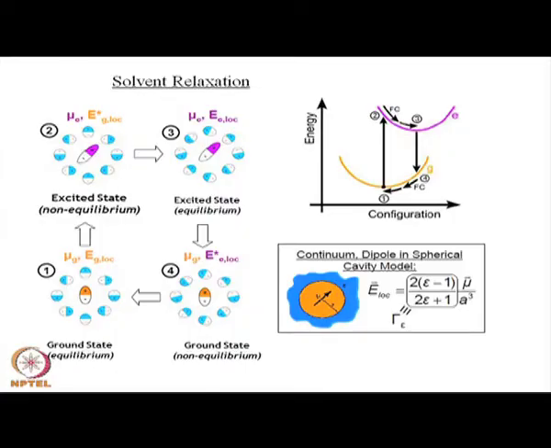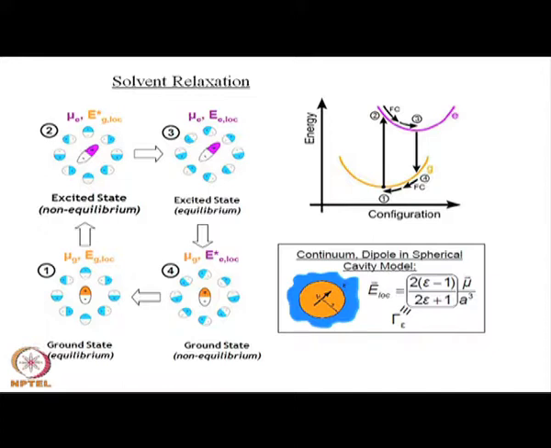It is basically shown over here that maybe this molecule has a dipole in the ground state, with a dipole value say mu g. With respect to this dipole, the solvent molecules are oriented in such a way that it gets the lowest possible energy in that solvent.